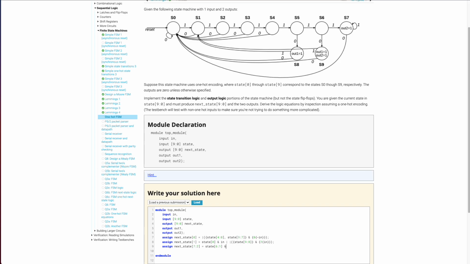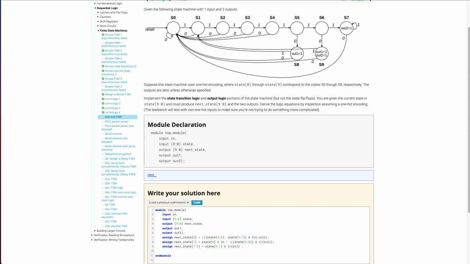And this is just 6 bits of in. So that's S7 handled, and now let's take care of, actually S7 is a special case.